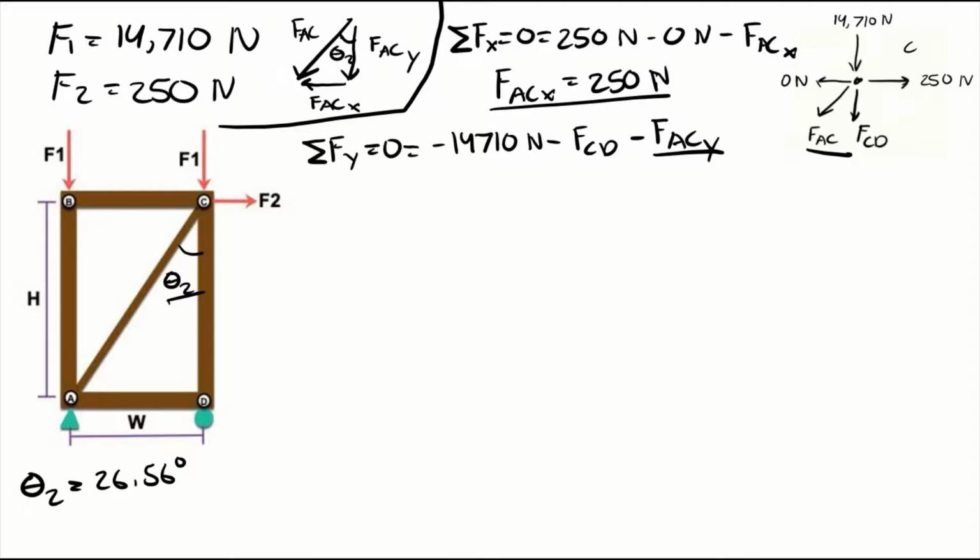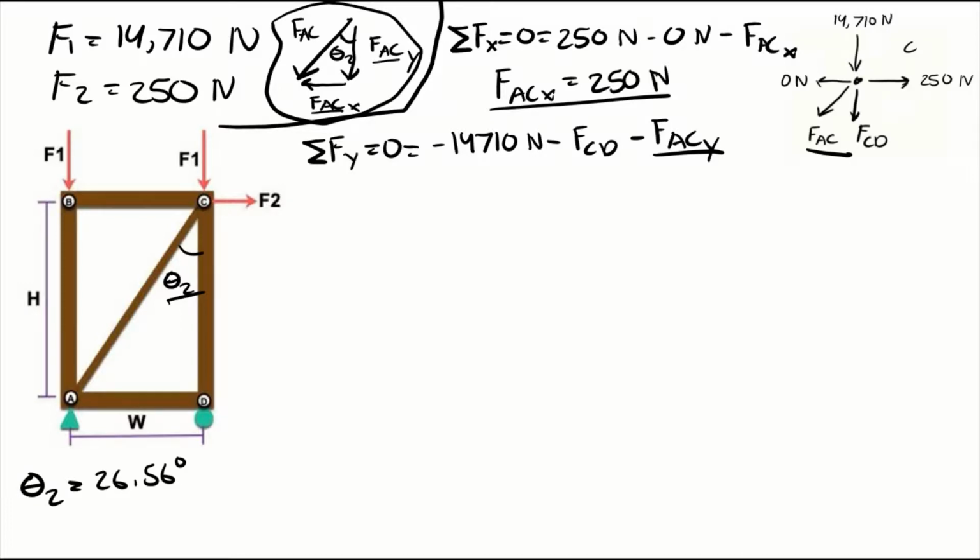So going back to my breakout of F sub AC, we can use SOHCAHTOA again, like we did on the last slide, to find the missing force. So looking at angle 2 and F sub ACX and F sub ACY, we can use tangent, where we know the angle, we know the opposite force and the adjacent force.